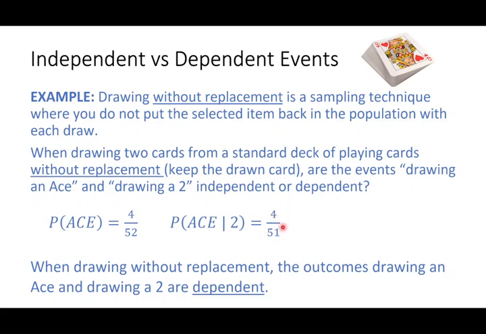There's still 4 aces out of 51, but because the probability of getting an ace and the probability of getting an ace given this other event drawing a 2 are different, they're dependent events. So the fact that this 2 happened changes things because our second draw is not from the same population; the population that we're drawing from is changed, basically.